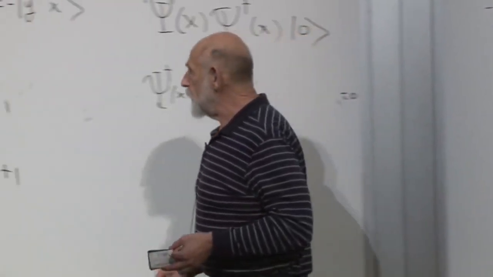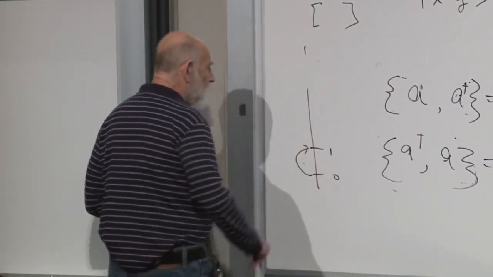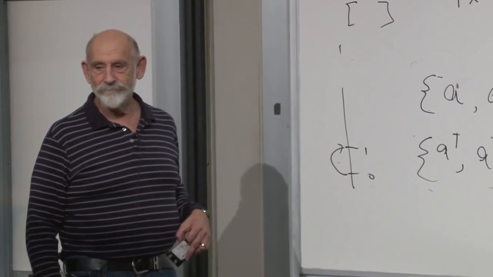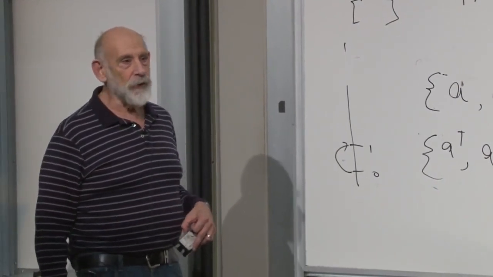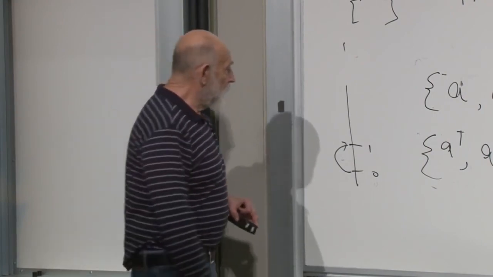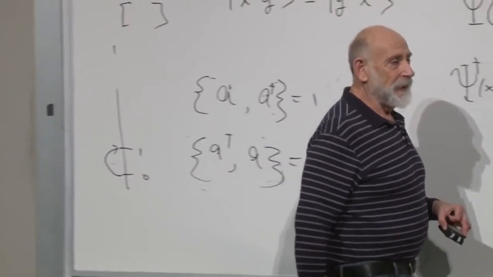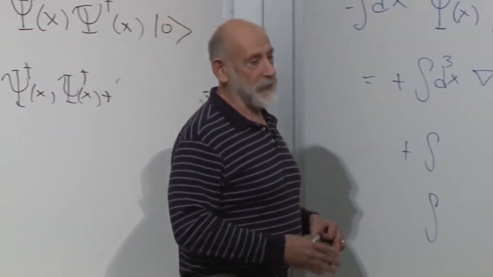What does the creation operator do? It takes you from 0 to 1. But what does it do when it hits 1? No state there. It annihilates, right? 0. On the other hand, the annihilation operator takes you down. If there's a particle there, sure enough, it can take you down.